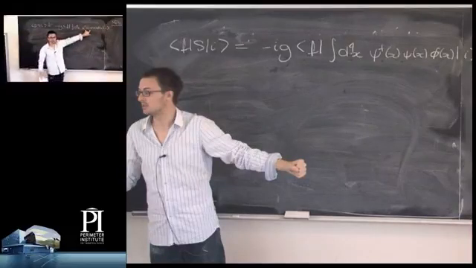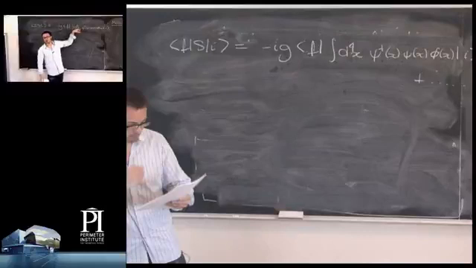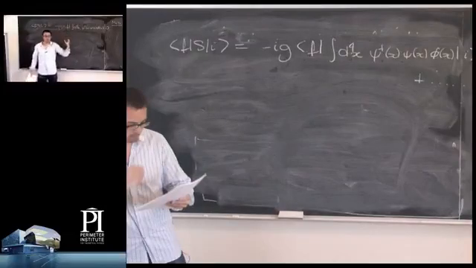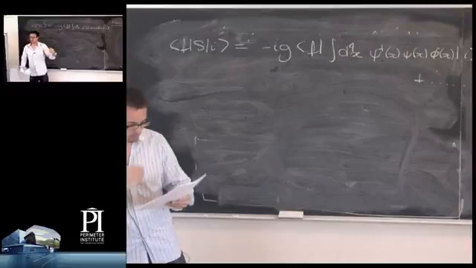This was our interaction Hamiltonian. It's the integral over d4x. Now, the Hamiltonian is really the integral over space, d3x. And the reason there's an integral over time from minus infinity to plus infinity is precisely because it's the S matrix we're interested in, which is unitary evolution from states at minus infinity in time to states at plus infinity in time.